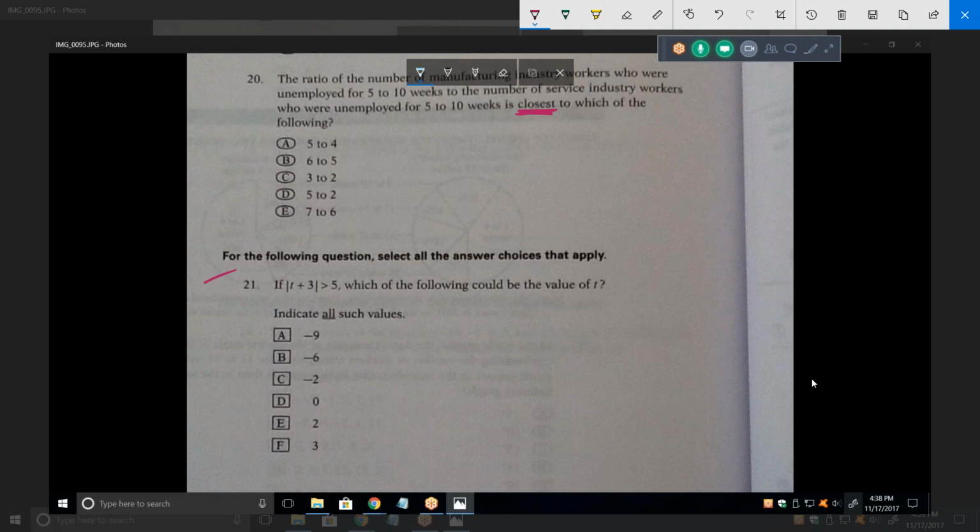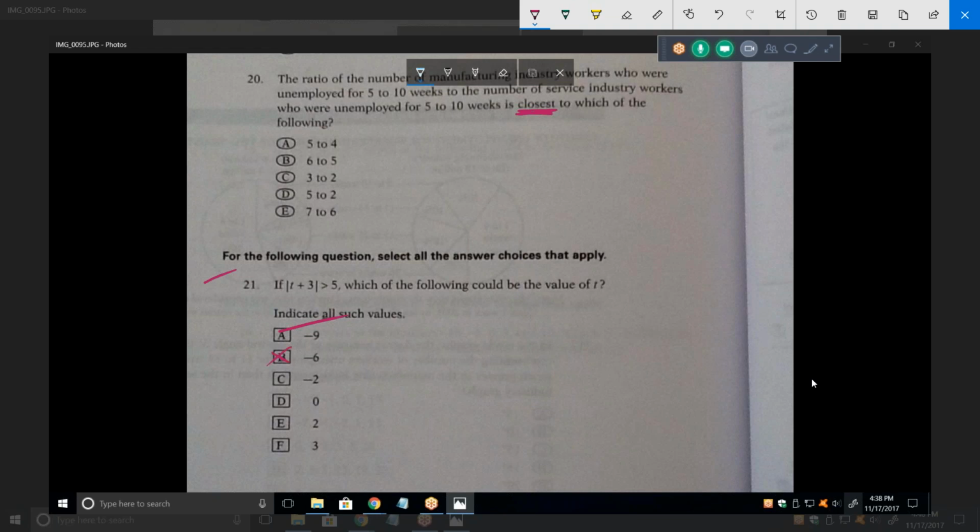Exactly. So does A work? So that would be -6, but the absolute value is 6. So yes, that works. Does B work? -6 is -3. That does not work.